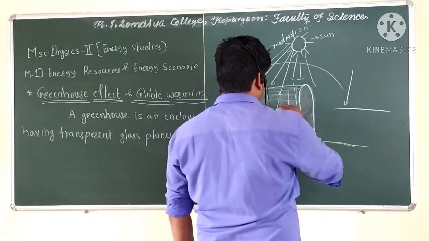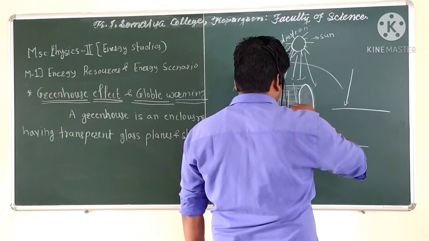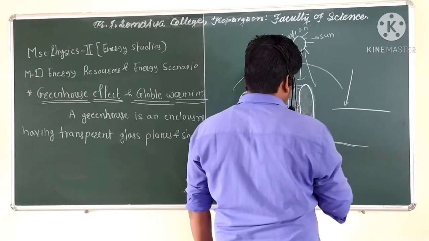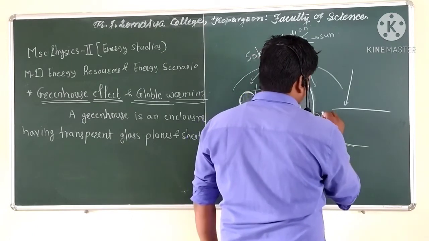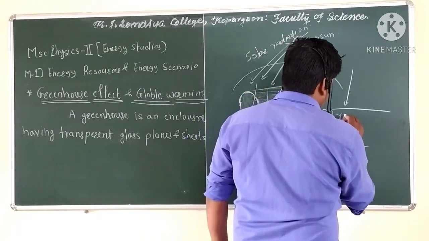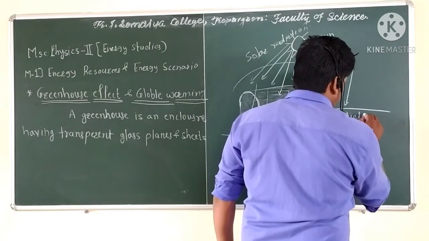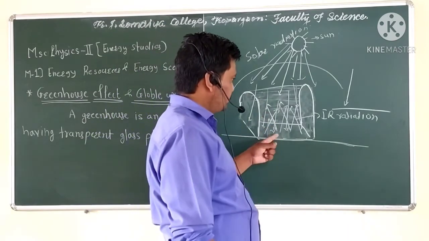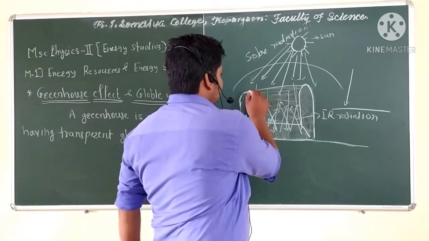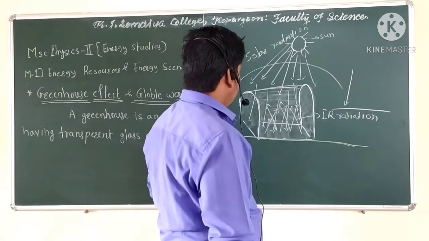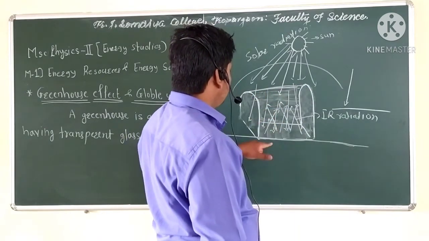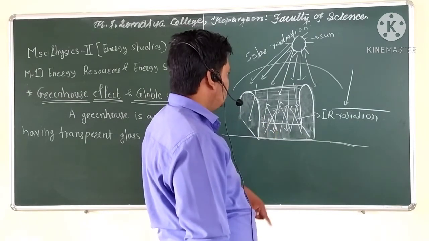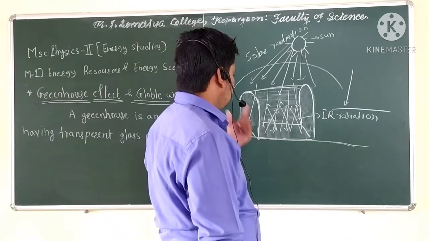It is emitted in all directions. So the surface absorbs the solar radiation and emits IR radiation, and this globe-like structure restricts the radiation from going out into the atmosphere.